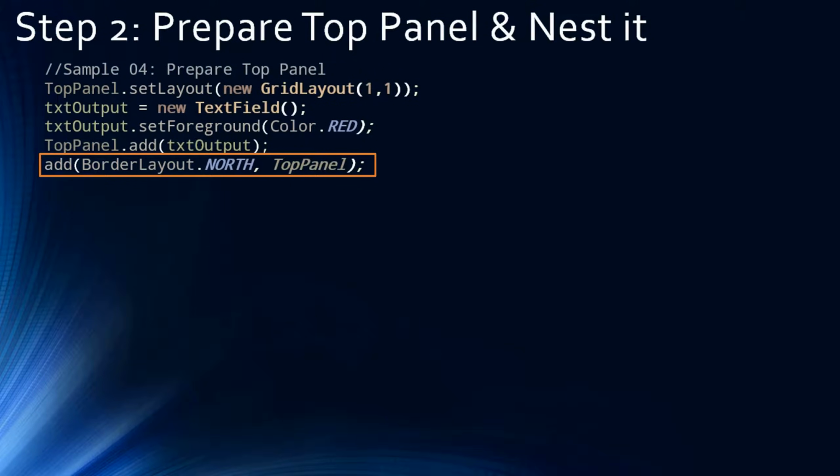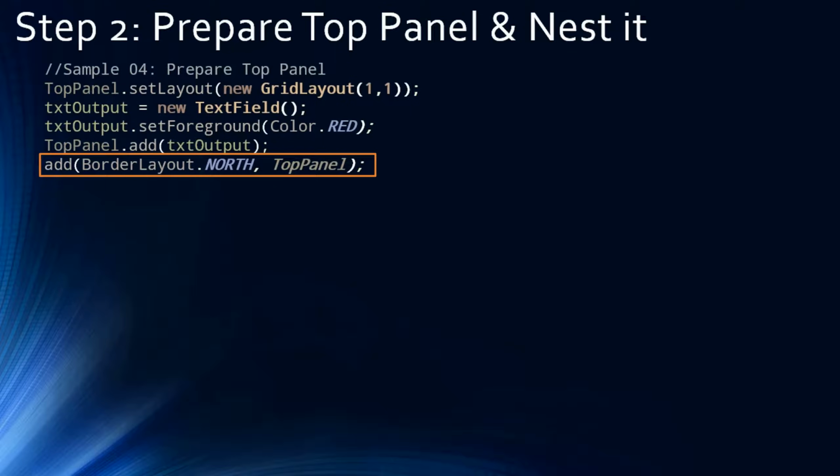Next, here we are making a call to the add method. This code snippet 4 we are going to place inside the constructor of the frame. So here the add method is the frame's method. Frame is a top level container and here we are adding. So the default layout, border layout, that's what we are using, BorderLayout.NORTH.